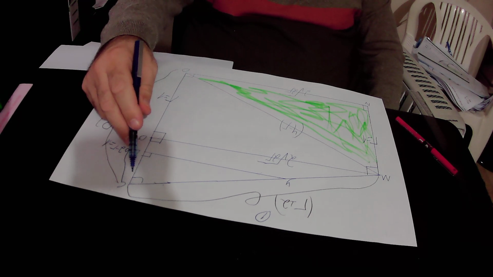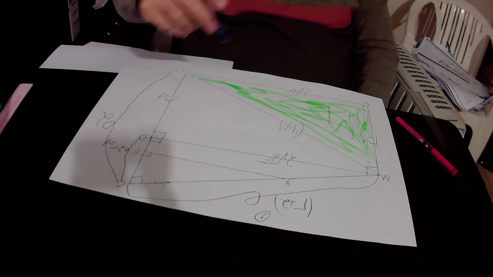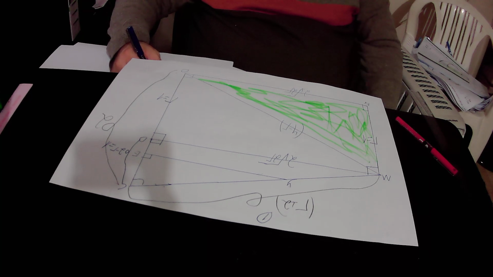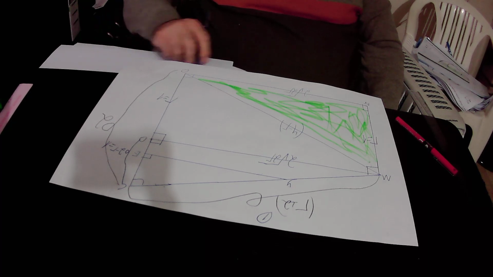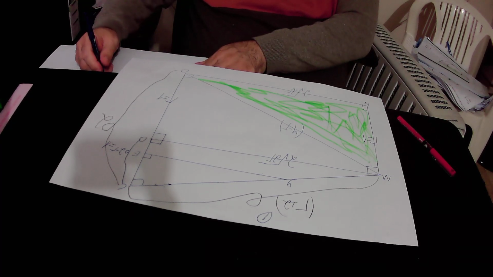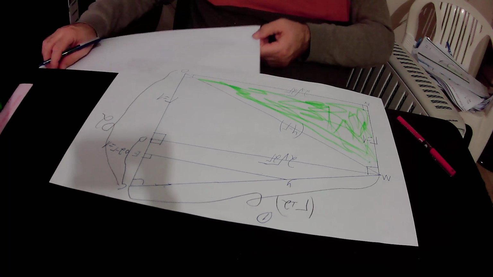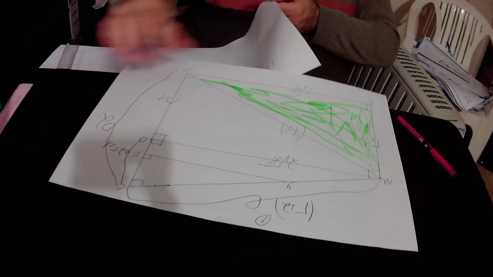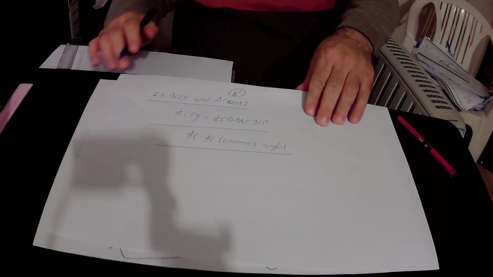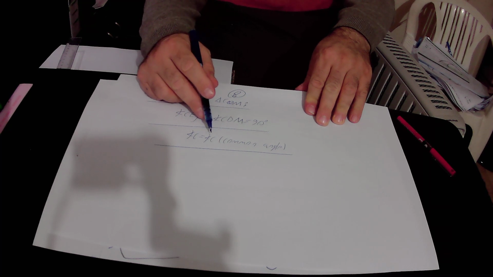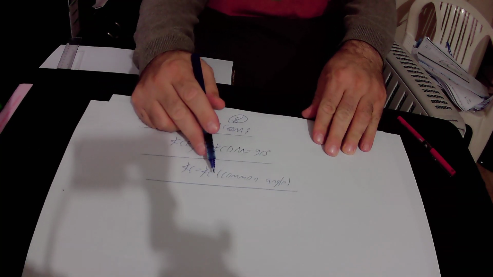So we can write down that angle C equals angle C, a common angle that belongs to both triangles. I'll repeat again, angle C equals angle C. It is a common angle that belongs to both triangles.